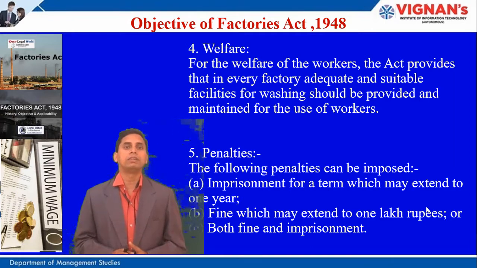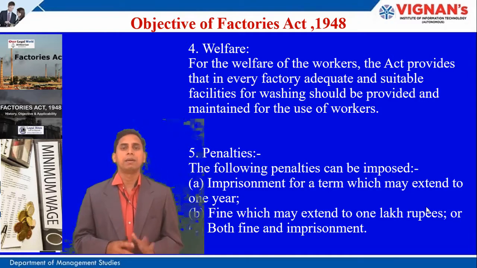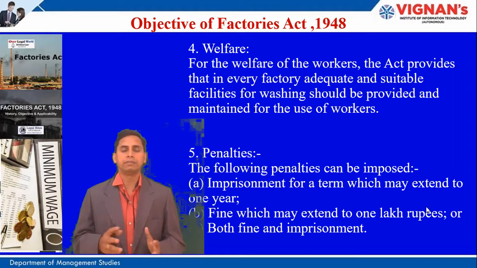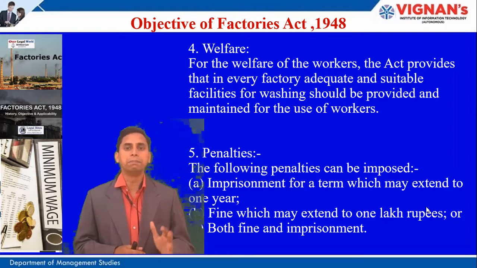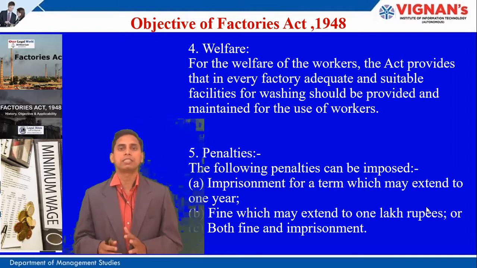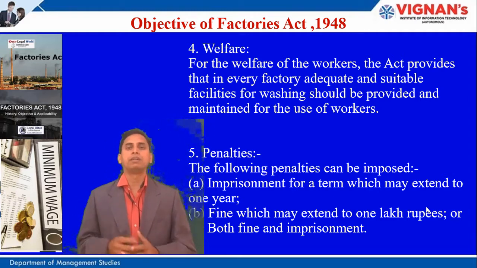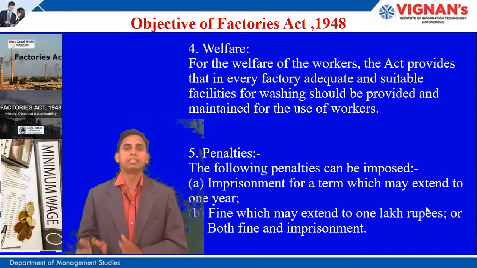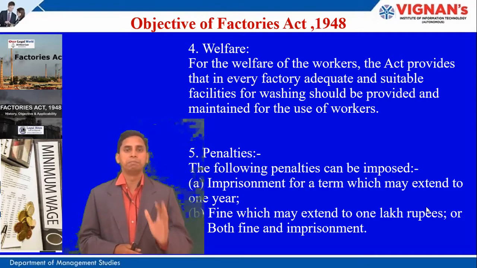The fifth objective of this act is that any factory or company that violates these regulations or guidelines must be punished accordingly. There are different ways of punishing factories. The first is imprisonment for a term which may extend to 1 year. If a person responsible for the factory violates this act, they may be imprisoned for up to 1 year.